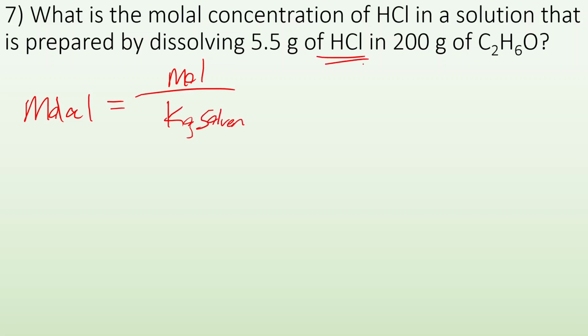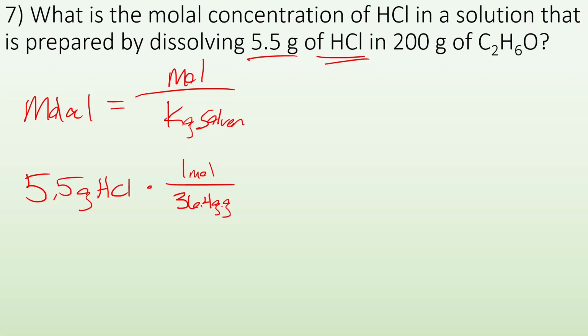So I need to know how many moles is this 5.5 grams. 5.5 grams of HCl times, well, 1 mole is 36.46 grams. Oh, you know what? Let me just leave that.